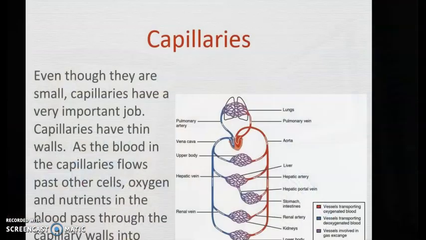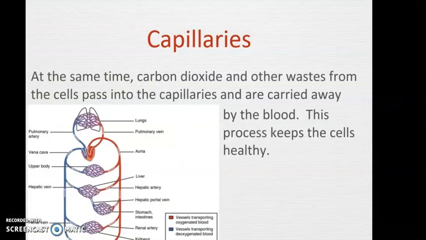If you said carbon dioxide, you are correct. That is our waste product of cells. So oxygen enters the capillaries, and then carbon dioxide goes back into the blood to be carried to the lungs for us to exhale out.